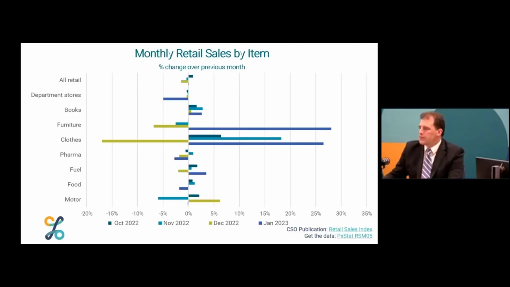To explain our consumption data, you can look at the high frequency series and the CSO retail sales index, which largely explains the goods side of it. You have a mixed picture overall, but a changing pattern across the different product composition inside the retail sales index, the basket of items there.